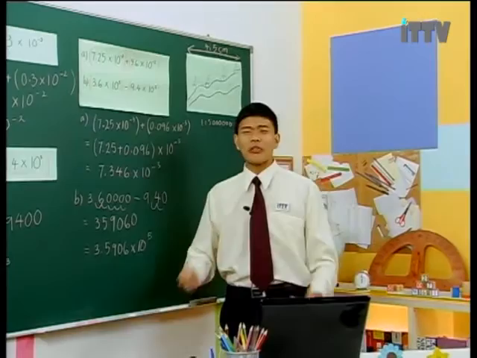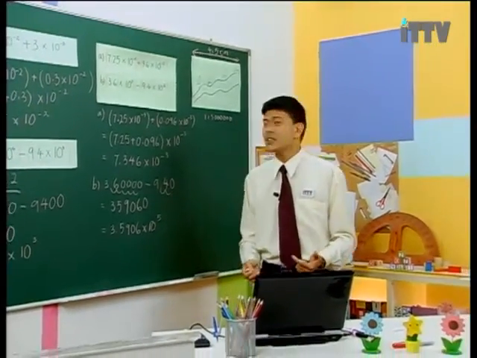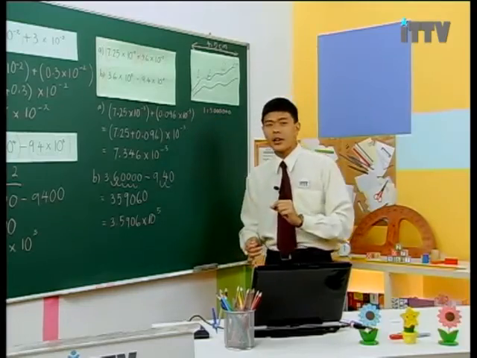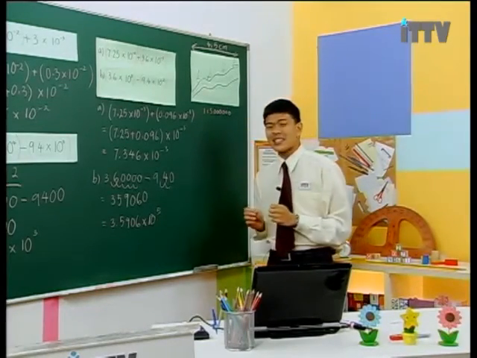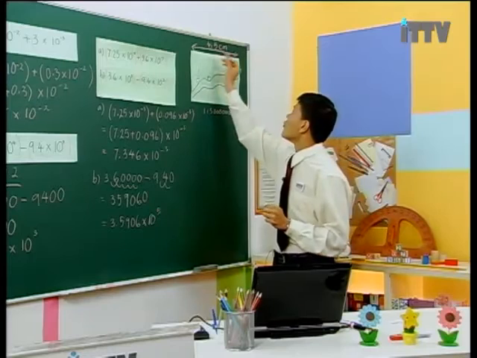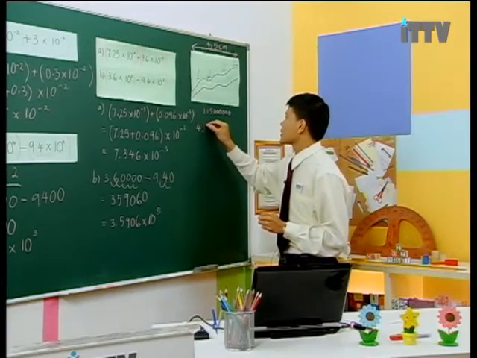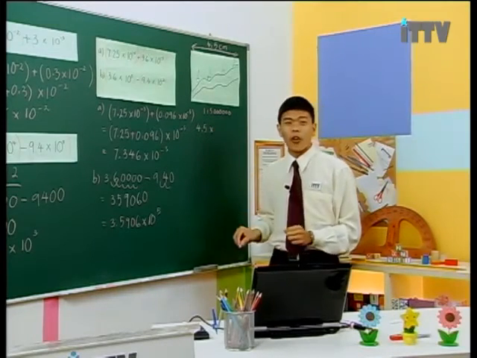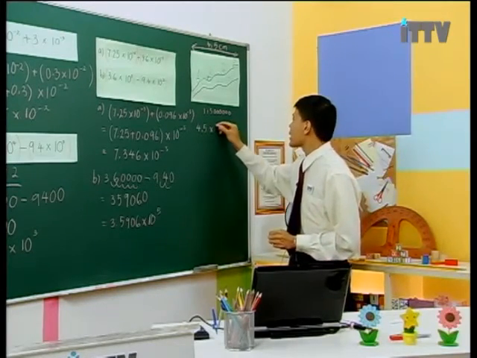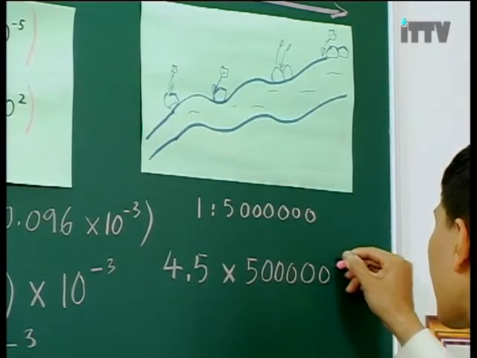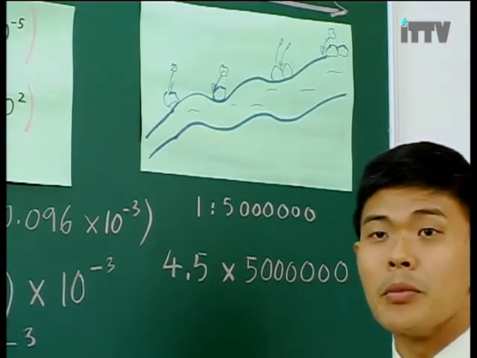So we need to perform operations involving numbers in standard form. Since 1 centimeter will give you 5 million centimeters in real life, 4.5 centimeters will give you 4.5 multiplied by 5 million centimeters.